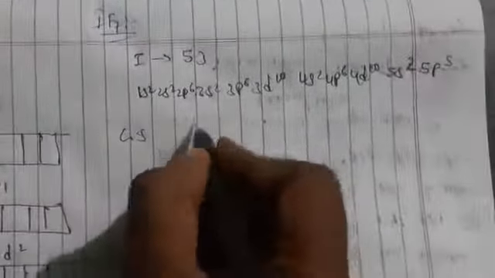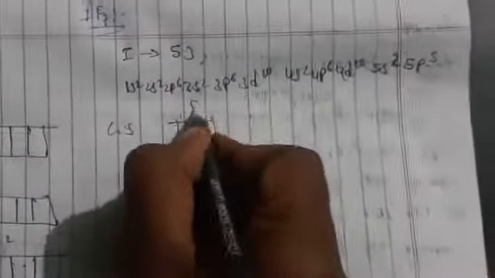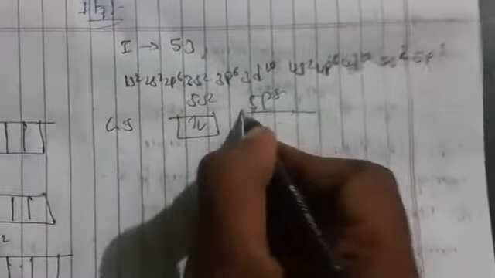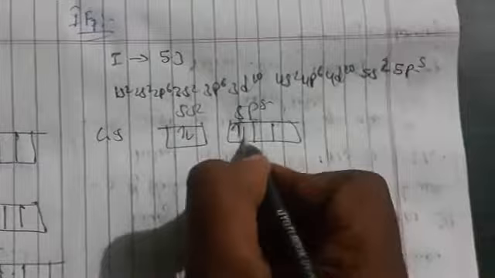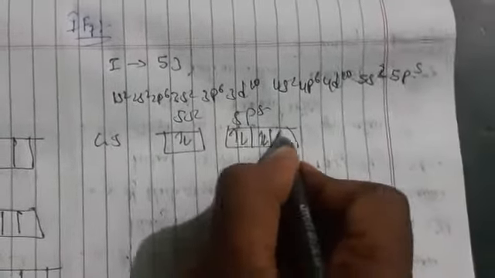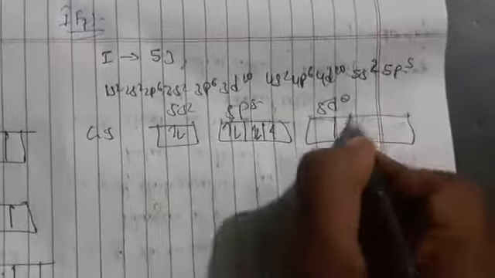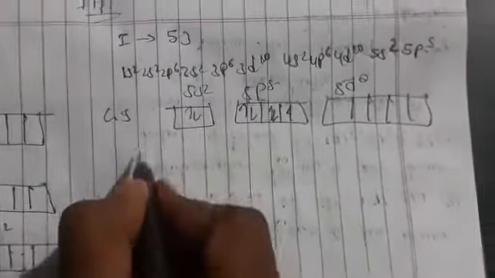So this is the electronic configuration. In ground state, how are we going to get here? 5s2, 2 electrons, 5p5, and 5d0. So this is the thing we are going to get.